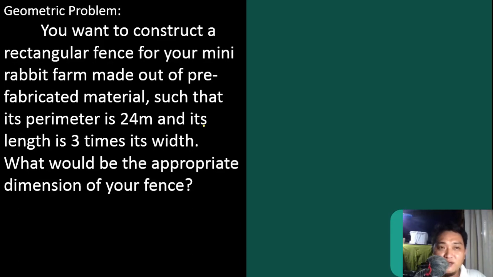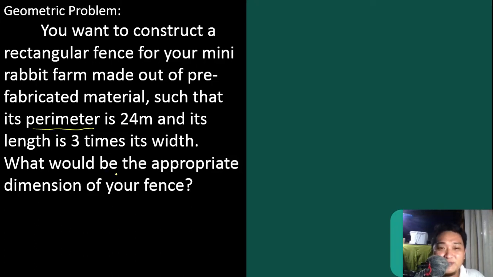Let's say, we want to construct a rectangular fence, bakod siya na pahaba, for our mini rabbit farm. So meron tayong kukulong na mga rabbit, ganyan po, such that the perimeter is 24 meters. Alam naman natin yung ibig sabihin ng perimeter.